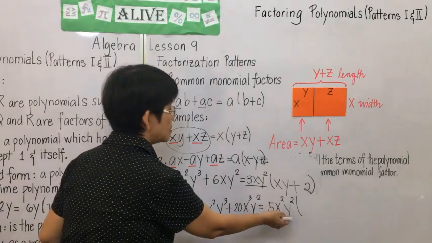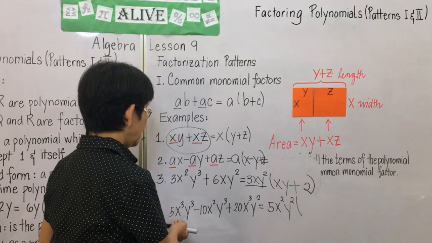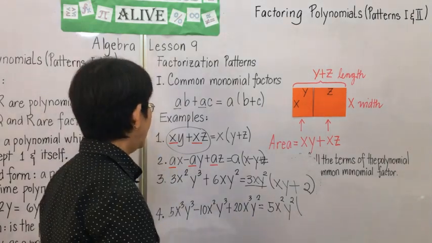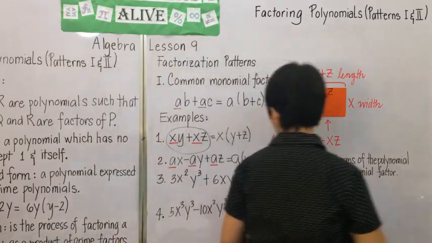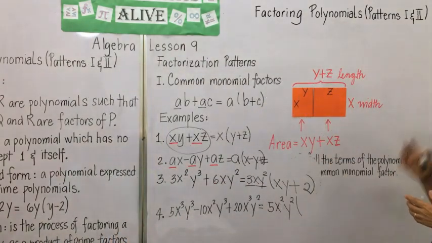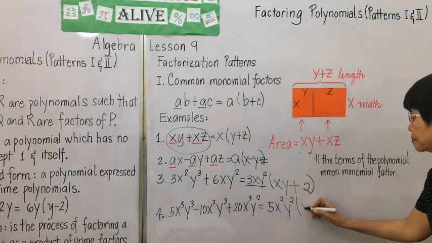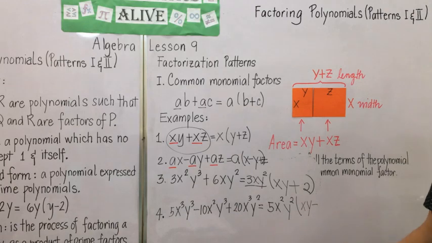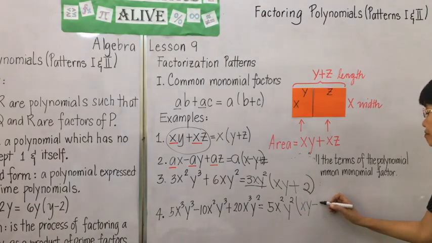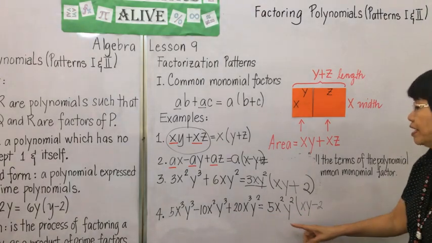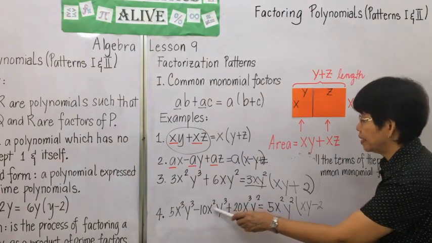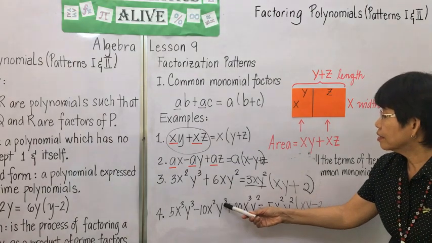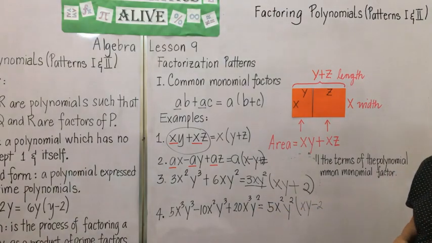Then use this as the divisor to divide all of the terms here. So we will divide mentally. And we have x, y minus 10 divided by 5, 2. Then we have x and x squared, and x squared cancels. And then y cubed and y squared.